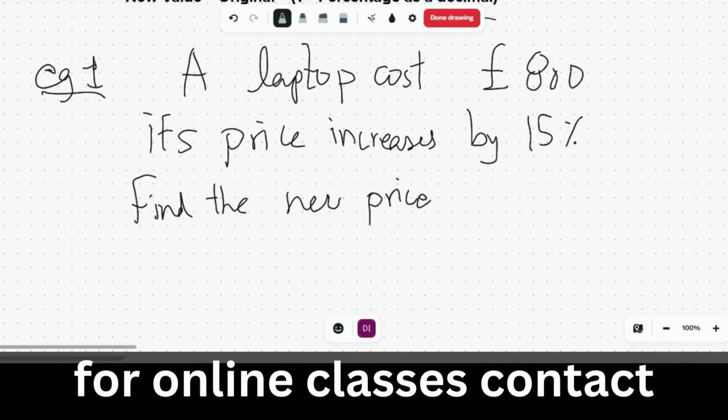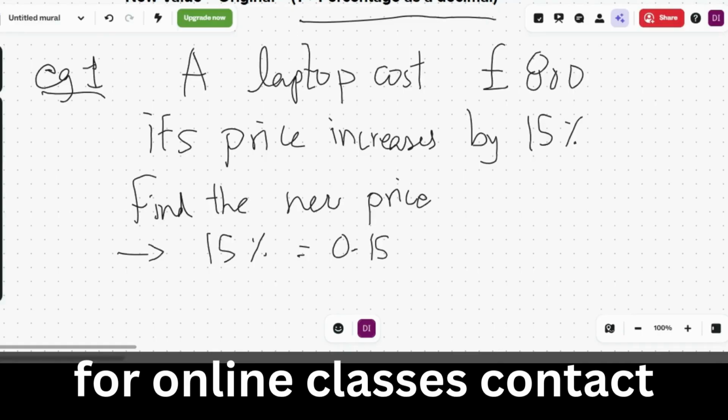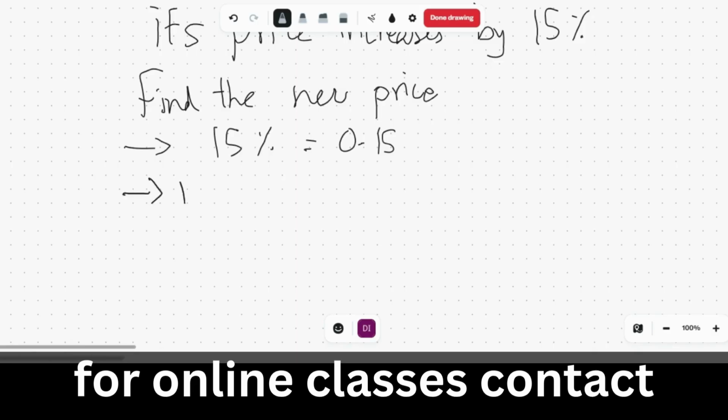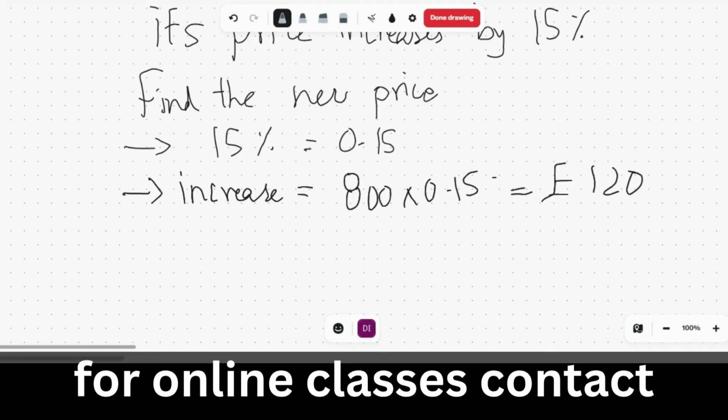Simply, first, what is 15%? We have already discussed that 15% means 15 divided by 100, that is equal to 0.15. So what is the increase in the price? Next step is increase. Increase is equal to 800 into 0.15. That will give us 120 pounds.